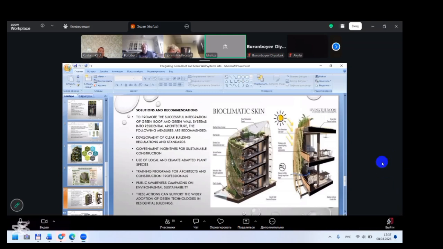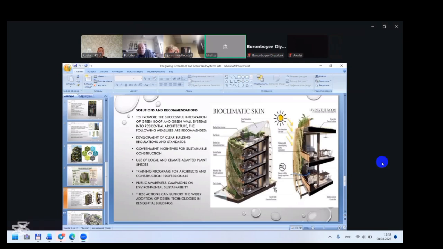The following measures are recommended: development of fair building regulations and standards, training programs for architects and construction professionals, and public awareness of environmental sustainability. These actions can support the wider adoption of new technologies in residential buildings.